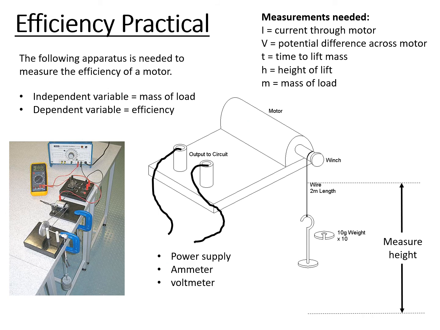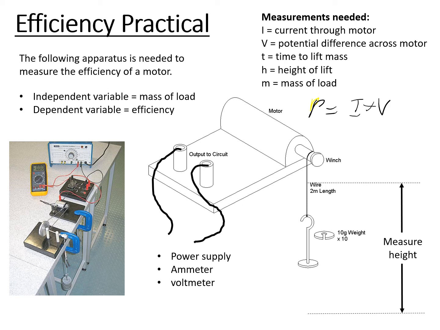If we were in school, we would be doing a practical. We would be measuring the efficiency of an electric motor lifting weights off the floor. So in order to measure the input energy, the electrical input, we would need to multiply. So the power equals current times voltage.